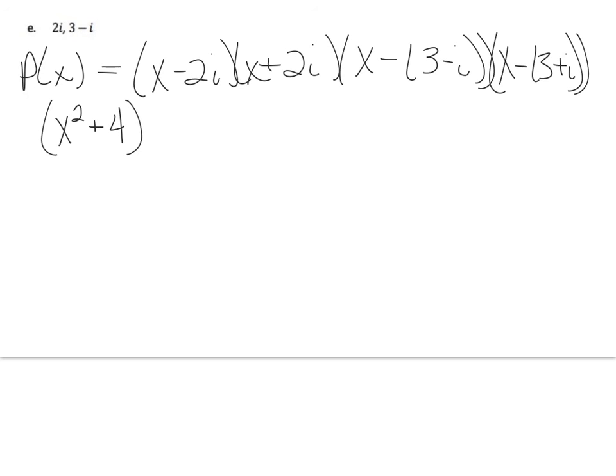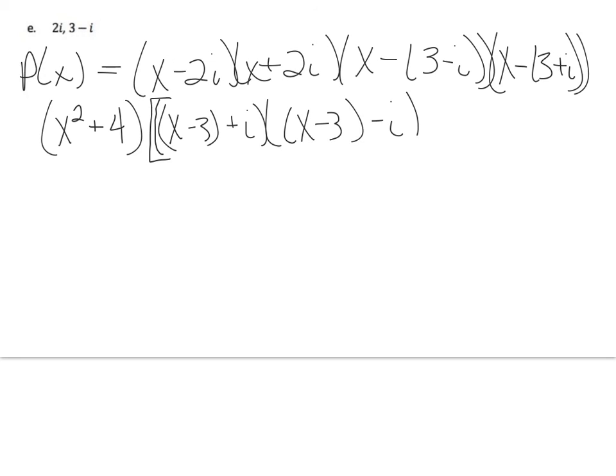On that second set, let's go ahead and rewrite it a little bit. I get x minus 3 plus i, and x minus 3 minus i. So I have x minus 3 squared, which gives me x squared minus 6x plus 9.